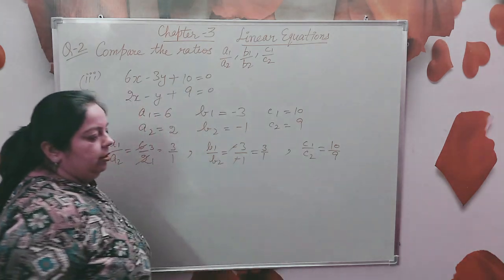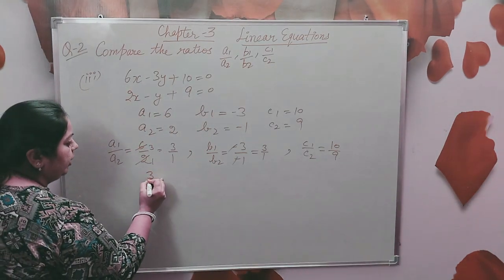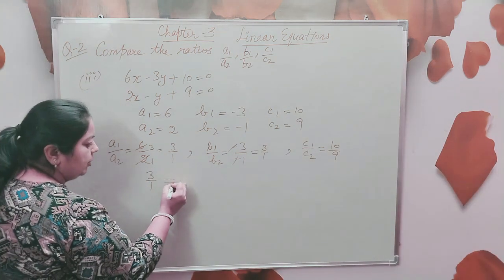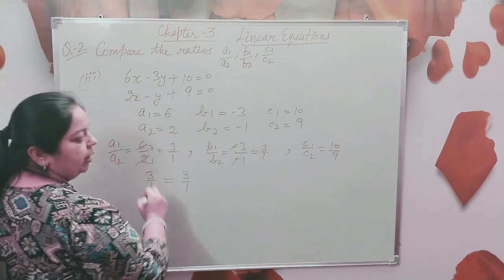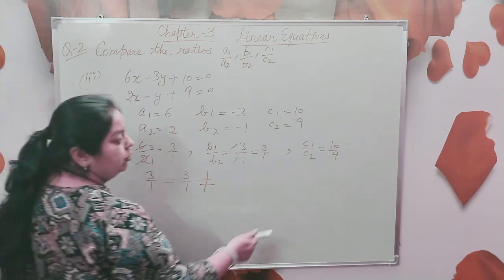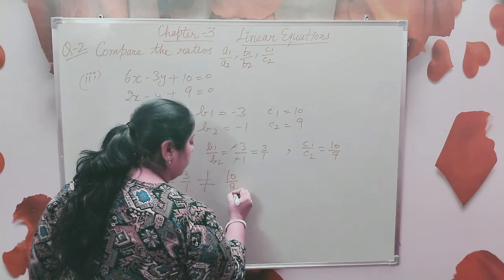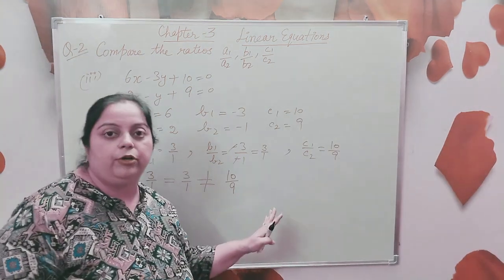Now by comparing the ratios we will see that a1 upon a2 is equal to 3 upon 1, that is equal to b1 upon b2, 3 upon 1, but not equal to c1 upon c2, because c1 upon c2 is 10 upon 9. So the first two ratios are equal, but the third one is not equal.